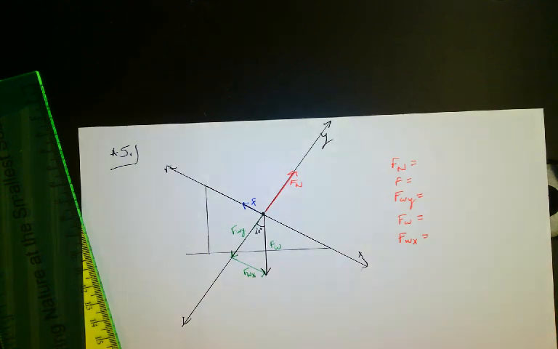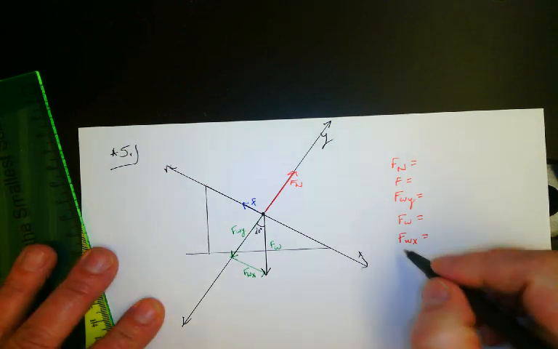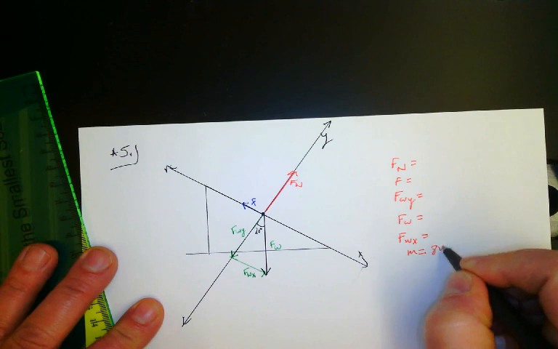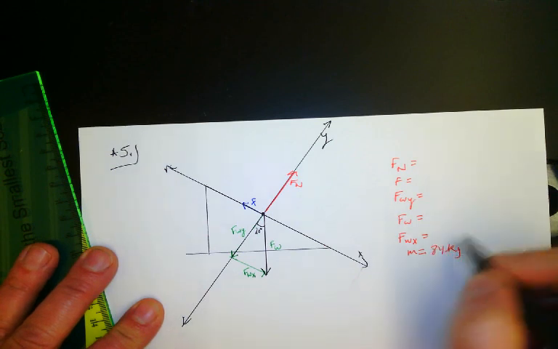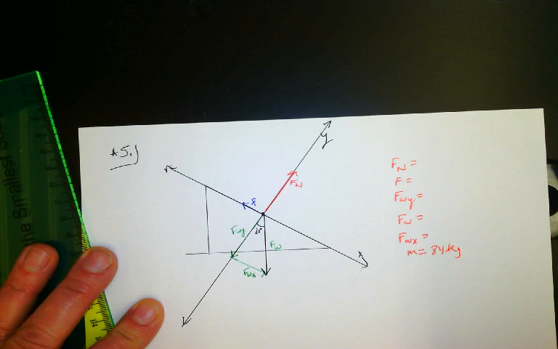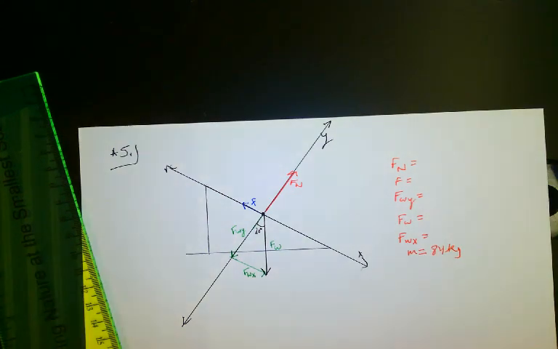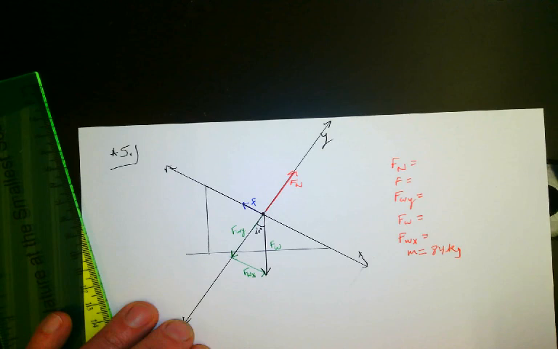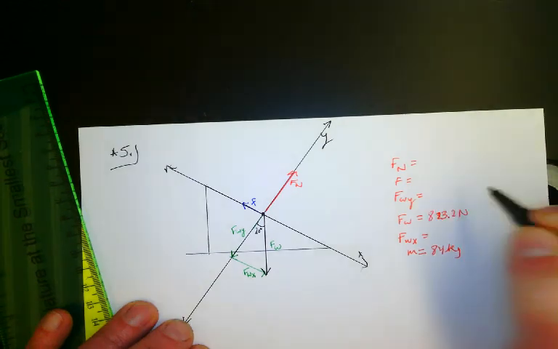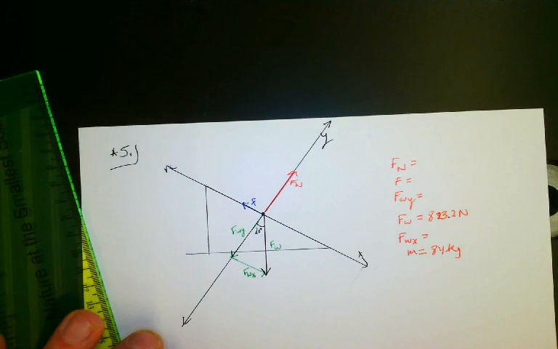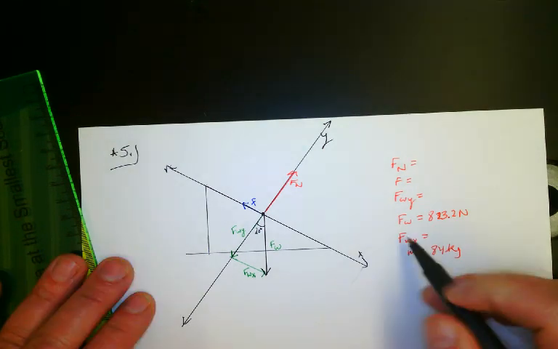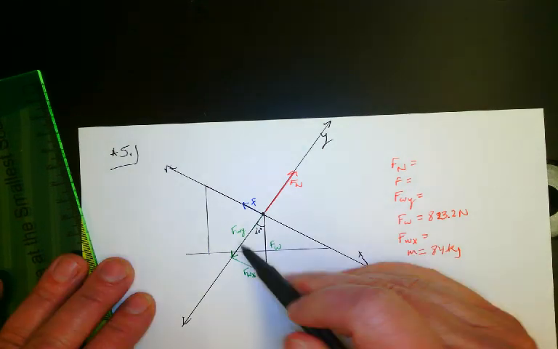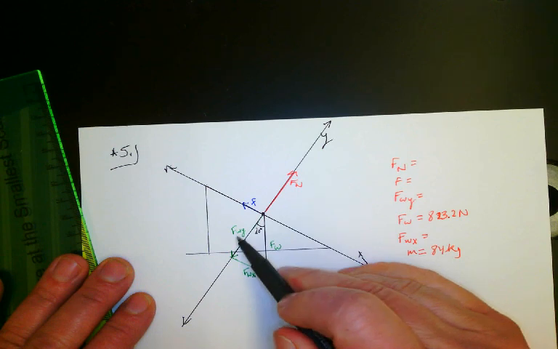We have our mass. So if our mass is this, what are we taking? 823.2 newtons. Thank you. I agree with that. Okay, then somebody go ahead and calculate the sine of x and the sine of y.